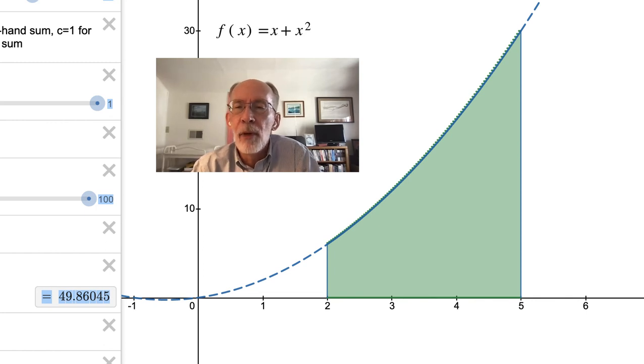And of course, the midpoint estimate would have to lie in between because this function is increasing on this subinterval, right? So as the n gets bigger, all three of these Riemann sums, which we're using as approximations to the area under the curve, are converging toward one another in value.